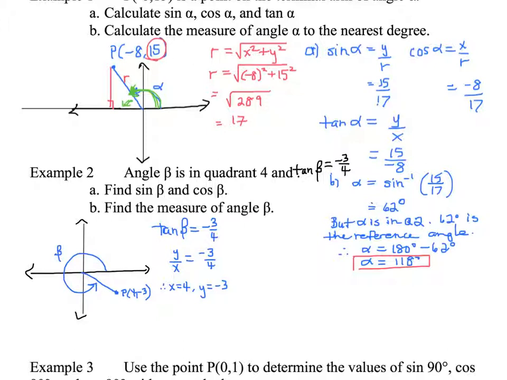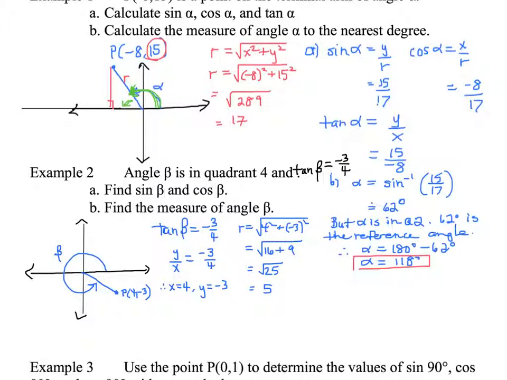Now, if I have values for x and y, then I can find the value of r, because I know that r is equal to the square root of x squared plus y squared. In this case, 4 squared plus -3 squared. Okay, so r is equal to the square root of 16 plus 9, square root of 25, so r is 5.